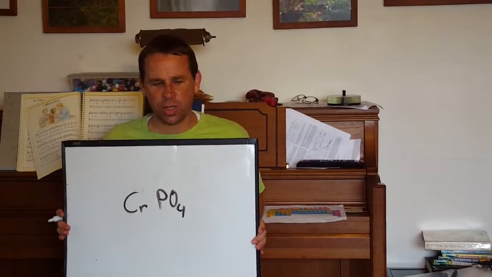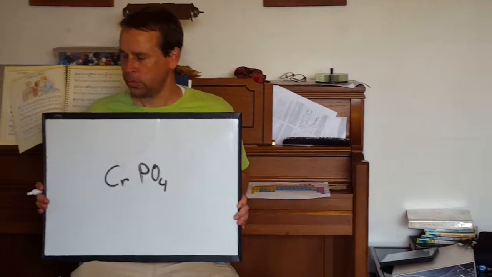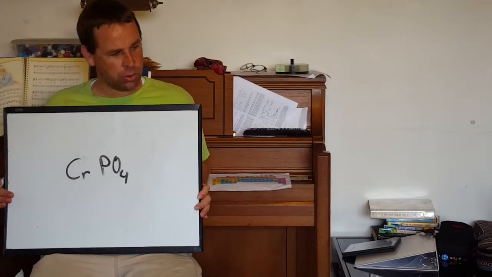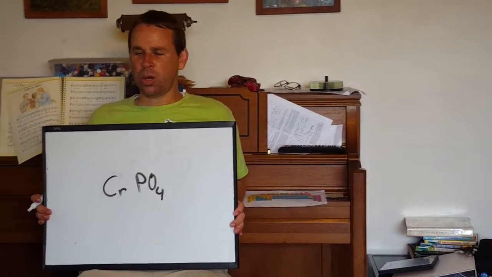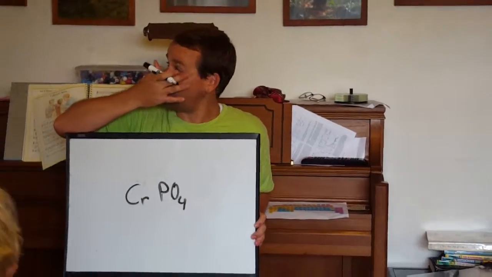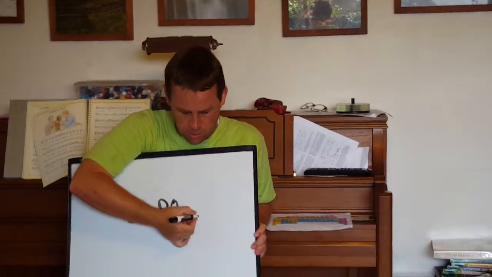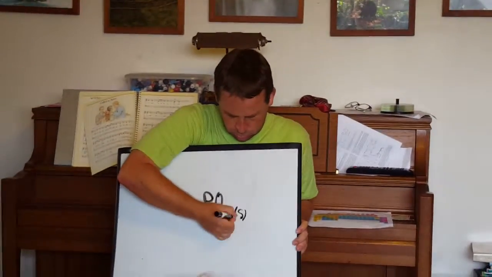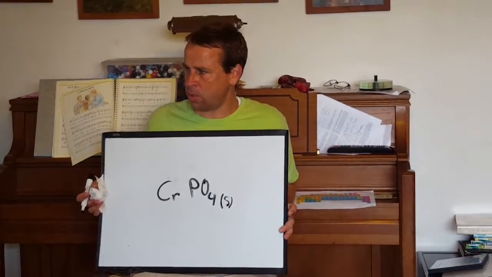All phosphates are insoluble except for group 1A and NH4. What is Cr? Chromium. And this PO4 is called phosphate. So this is chromium phosphate. And what do I have to put down here? Solid, which means insoluble when you place it in water.